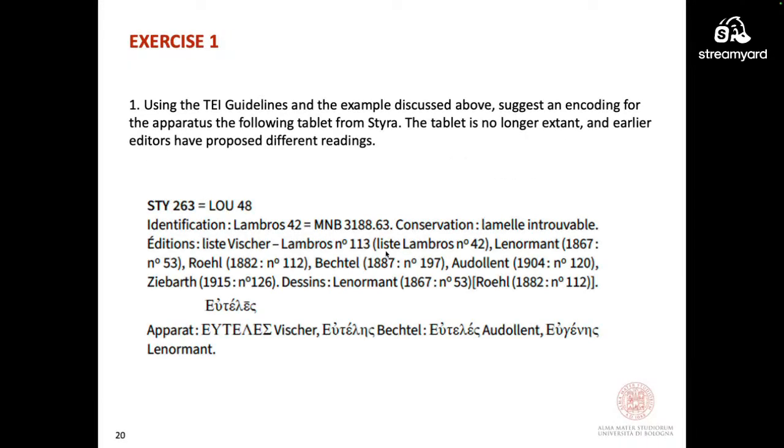For the exercise, you will find two files without the solutions in the folder on GitHub, and you can use this slide, because here you see the apparatus for the name Euteles, and here you can see the readings that were previously provided, and the exercise consists in encoding the apparatus.